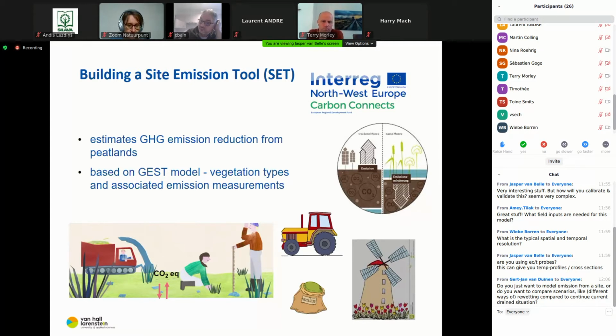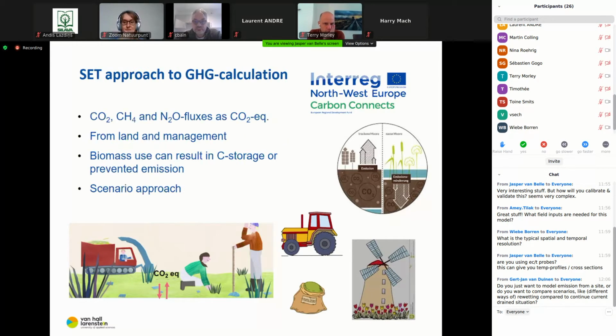So that you basically get types, for instance, a wet grassland or a semi-dry grassland or a bog vegetation or a heather vegetation. That's what we've been using as the basis for the carbon fluxes.